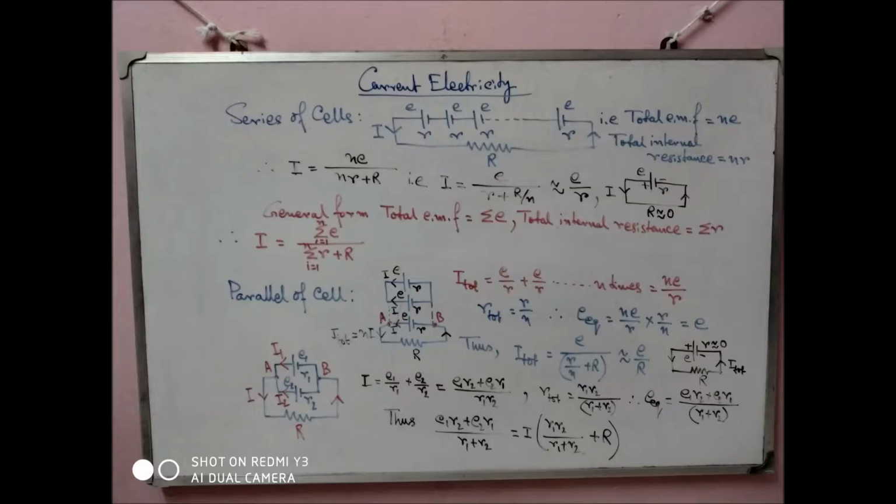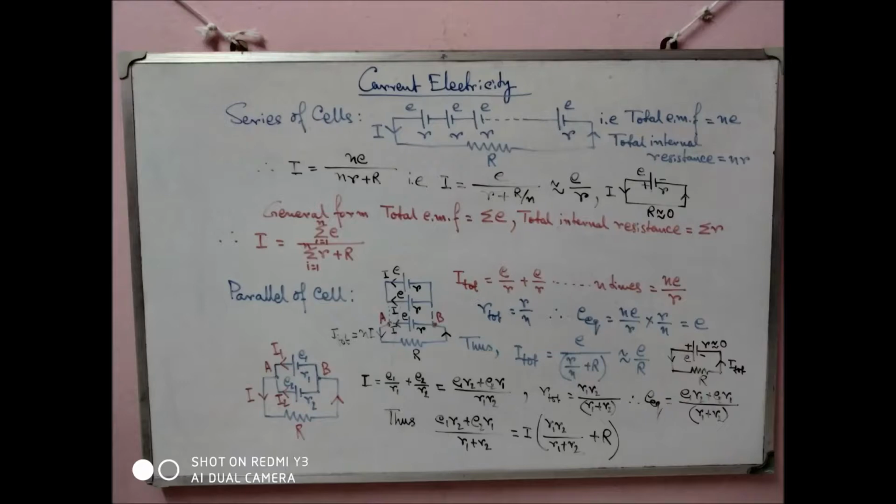So in that case, we simply add E1 plus E2 plus E3 plus E4 up to En. Similarly, internal resistance also r1 plus r2 plus r3 up to rn. That is, in short, we can write summation of E and summation of r. So that is written in the next line with red pen.